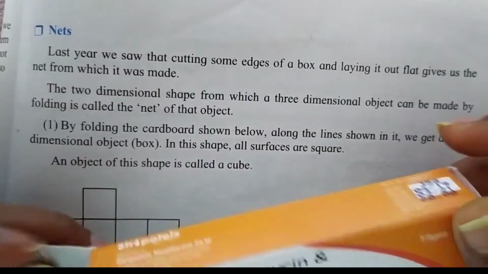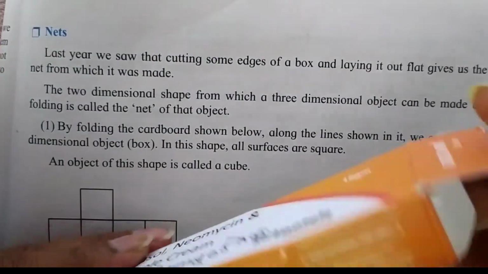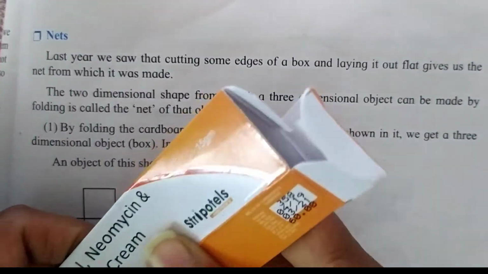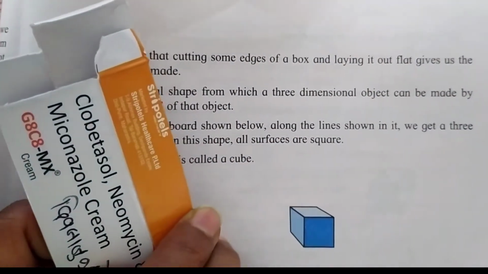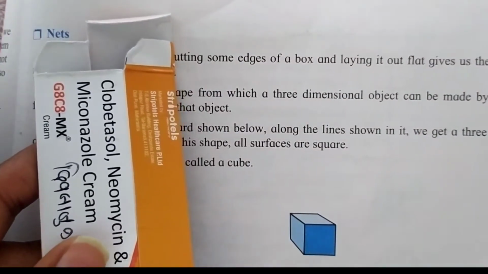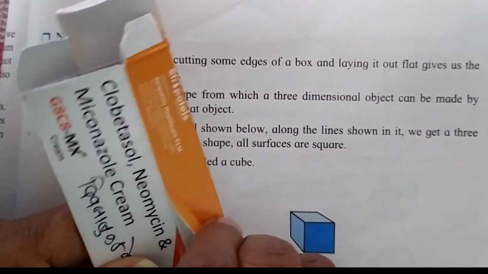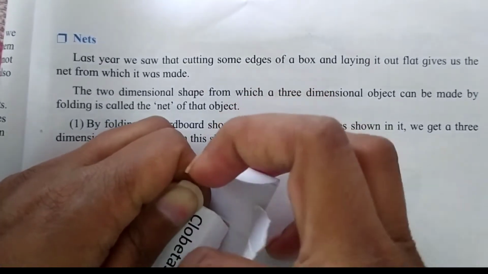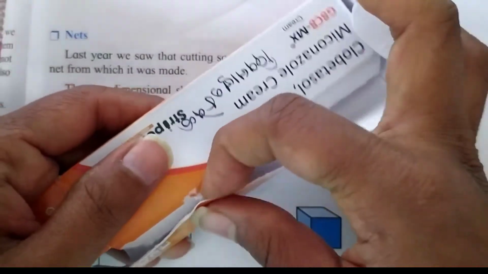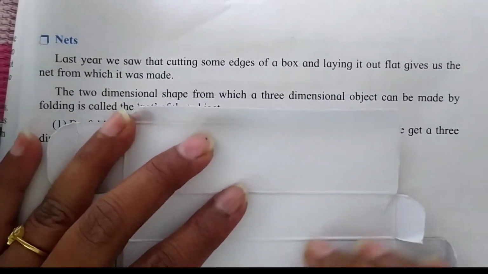When I unfold it and cut some edges like this, we find this type of net from which this box was made.